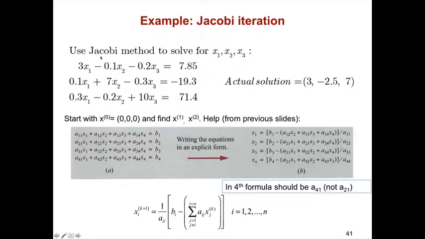So I want you to reformulate this system in this form, and then start plugging in x0 as 0, 0, 0, and try to find x2, basically using iteration, just like you would in the root finding problem with fixed point.